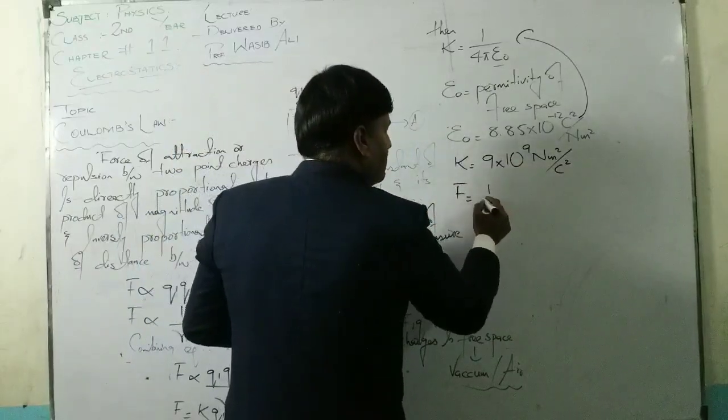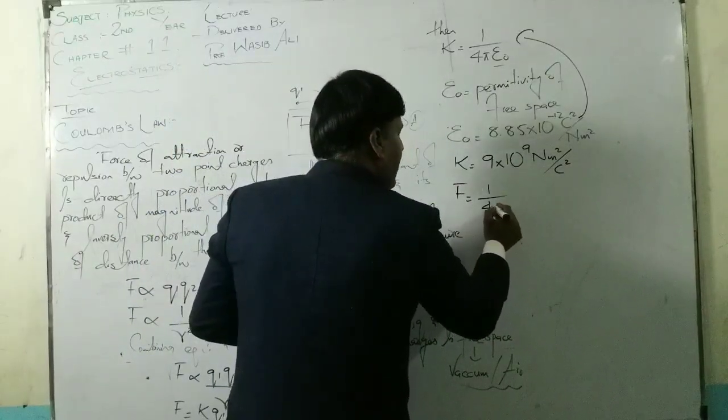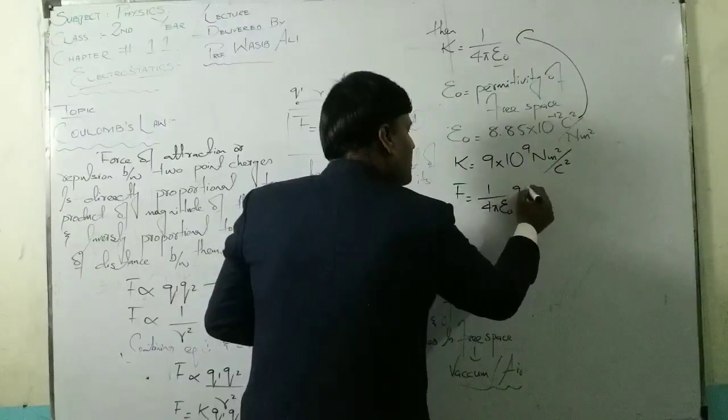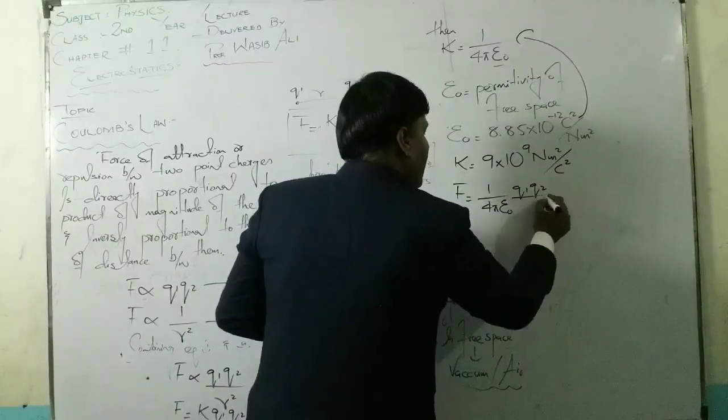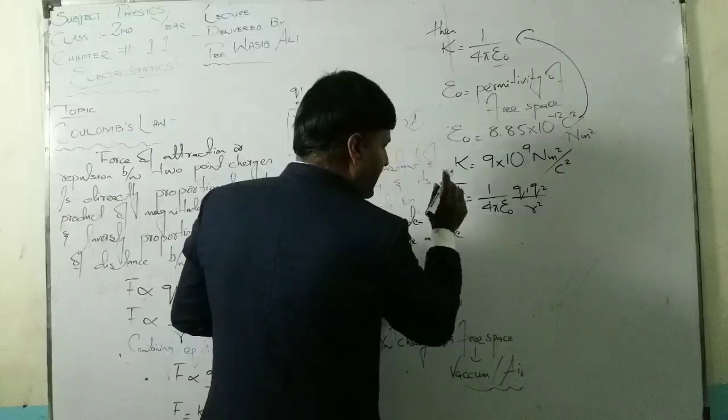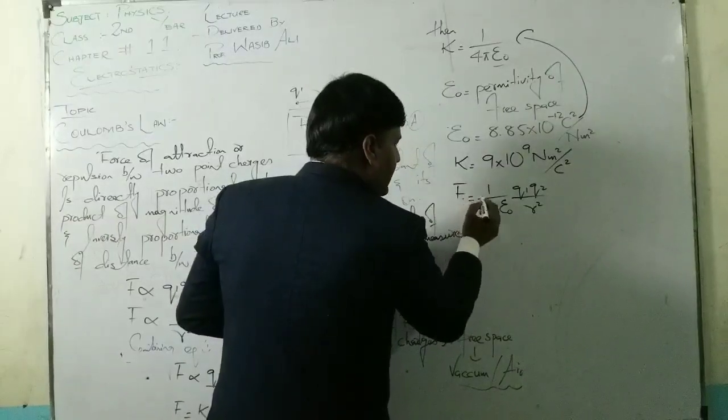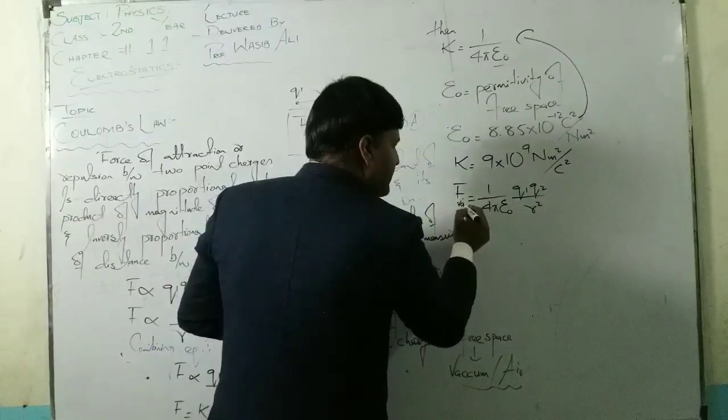You can write it as 1 over 4 pi epsilon naught Q1 Q2 divided by R square. And one thing will be sure, that I will write here in subscript form.